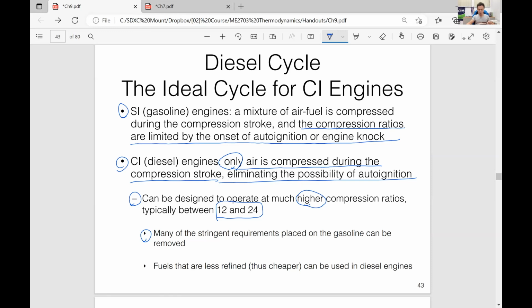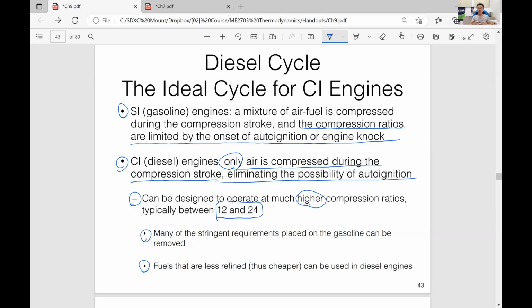Many of the stringent requirements placed on gasoline can be removed, and fuels that are less refined can be used in diesel engines. Now, the pollutants emitted from a diesel engine are much worse than the pollutants emitted by an SI engine or a gasoline engine.